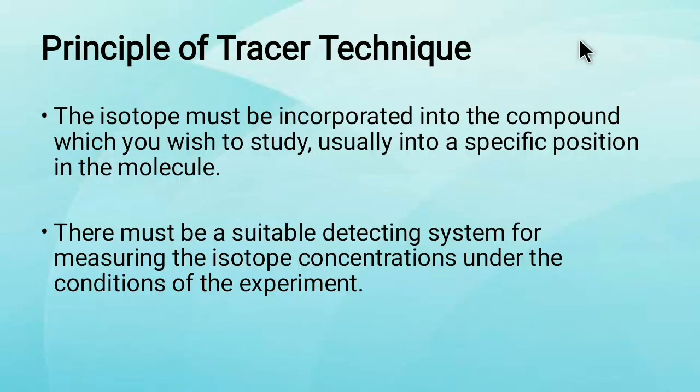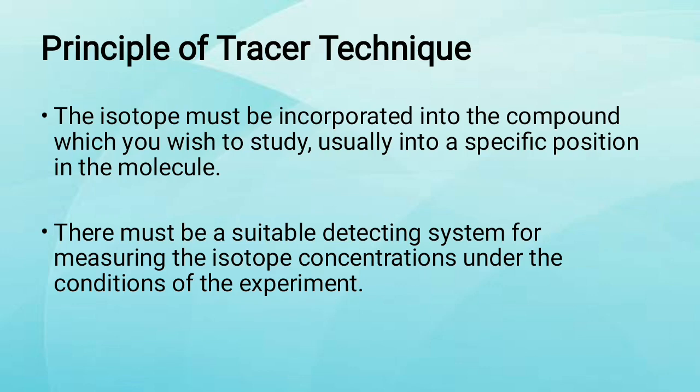The isotope must be incorporated into the compound which you wish to study, usually into a specific position in the molecule. There must be a suitable detecting system for measuring the isotope concentrations under the condition of the experiment. For stable isotopes, the maximum dilution tolerance is about 100-fold.